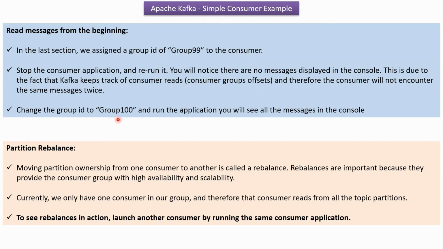And if we change the group ID to group 100, then consumer belongs to the new group, which is 100, and then run the application, then you will see all the messages in the console, because the consumer belongs to the new group, and it will read all the historical data from topic, and it will display in the console.